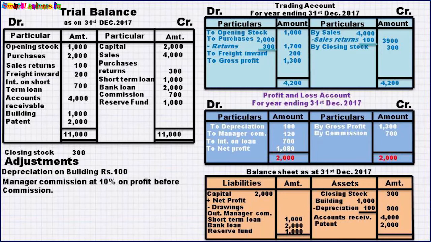In this way we calculated a profit on rough notes without considering manager's commission, and that was 1200, and we provided manager's commission at the rate of 10% of 1200, means 1200 is the profit before commission. Be careful, the net profit after commission is 1080 now.